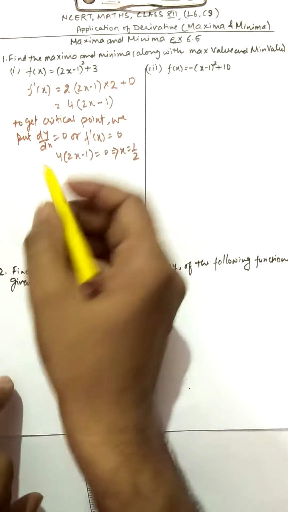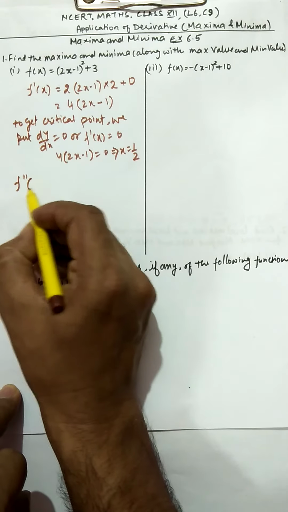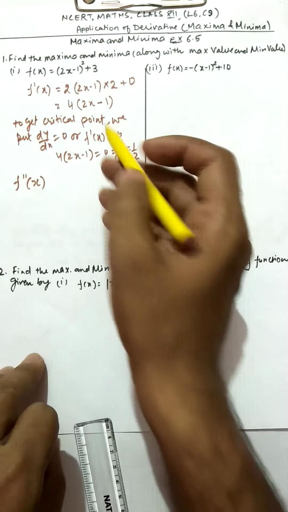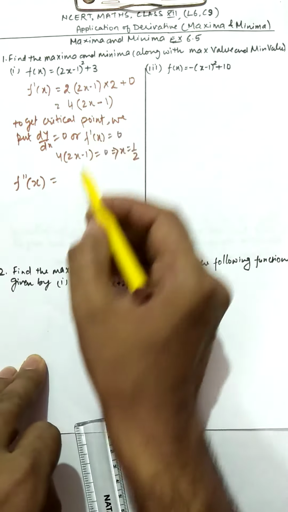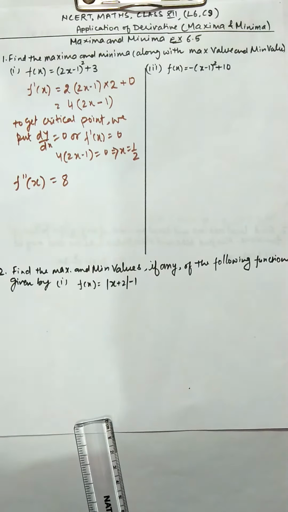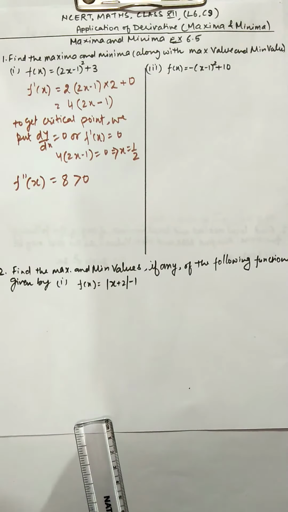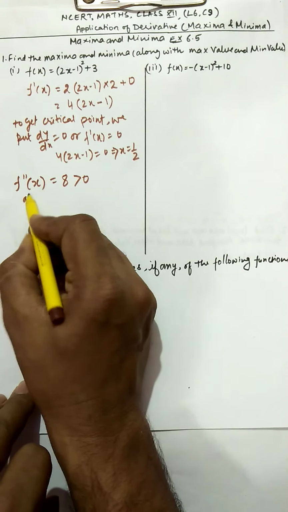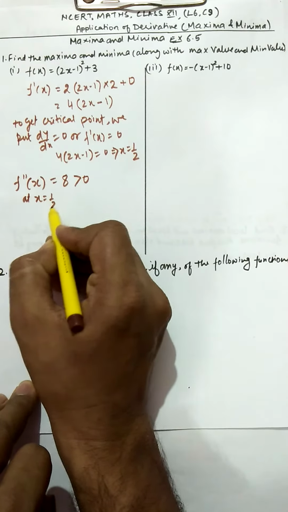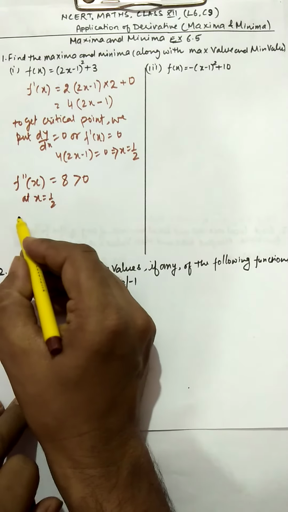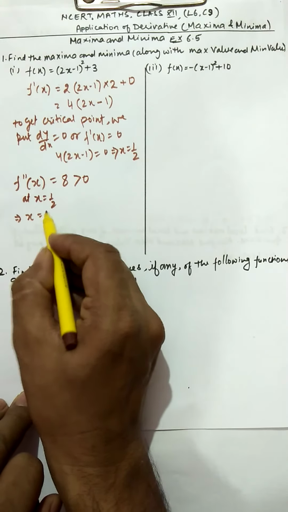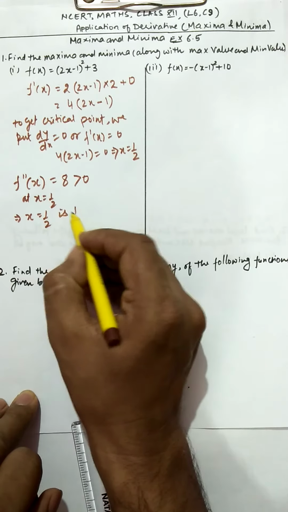Let's see. We have to find the second order derivative, that is f''(x). That will be 4 times 2, which is 8, and that is greater than 0. So it means at x = 1/2 the second derivative is greater than 0, and x = 1/2 is the minima.